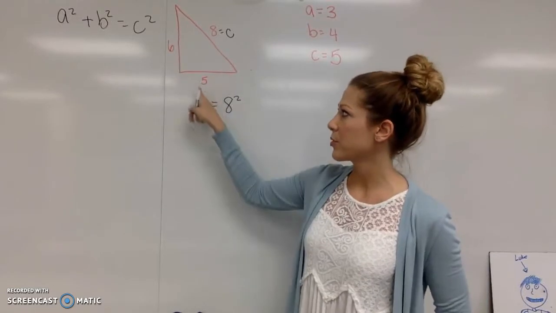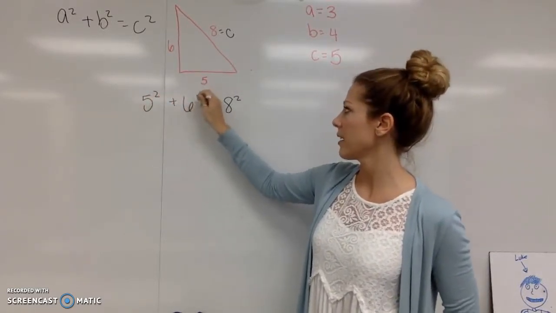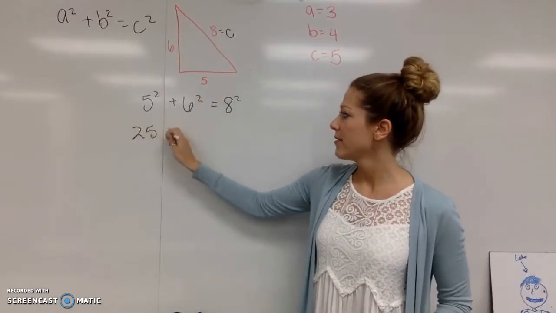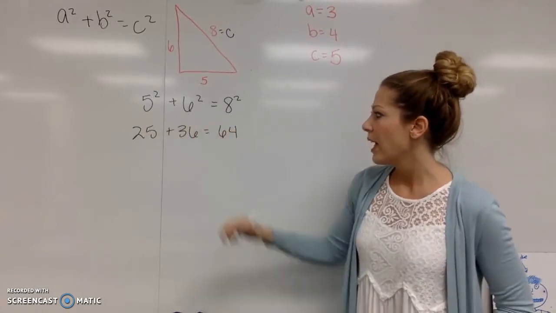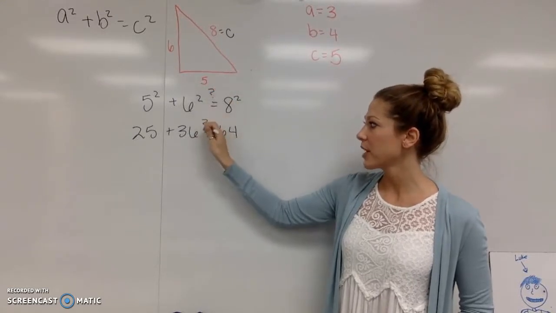It doesn't matter which order these go in, so I'll do 5 squared plus 6 squared equals 8 squared. Then 5 squared we know is 25, 6 squared is 36, and 8 squared is 64. We don't know that this equals 8 squared; that's what we're trying to figure out.